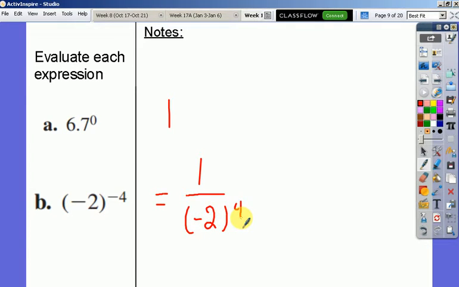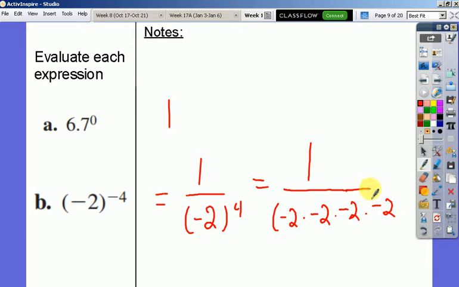When you have parentheses, it's just 1 divided by negative 2 times negative 2 times negative 2 times negative 2. Well, negative 2 times negative 2 is what? Positive 4. Times negative 2? Negative 8. Times negative 2? Positive 16.